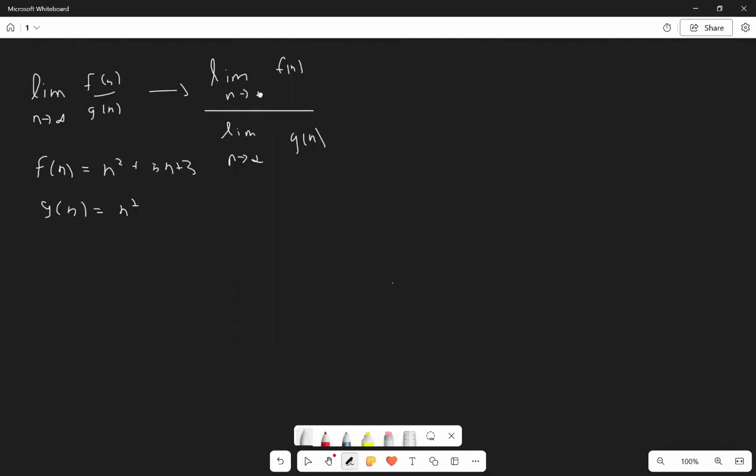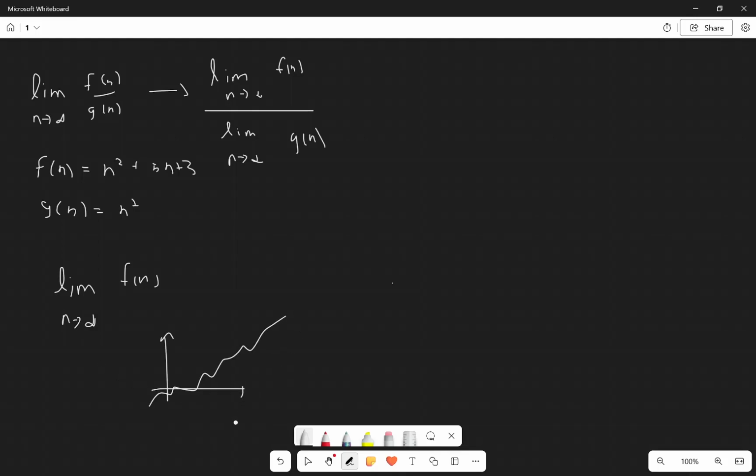All right. So what does this expression mean? Let's say that we have this limit n goes to infinity of fn. So fn is a function that goes like this.